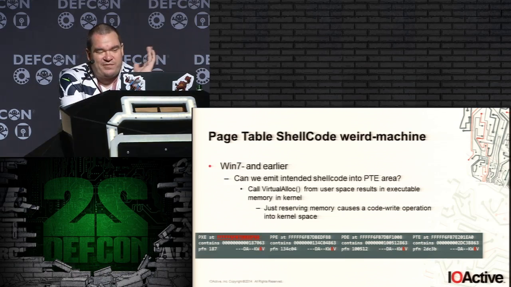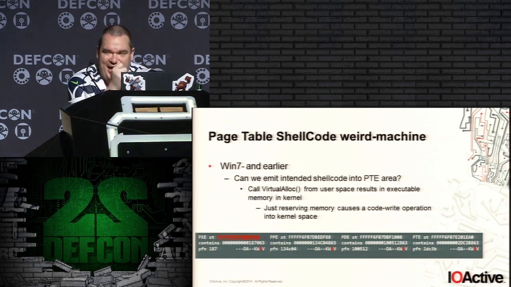By just doing a virtual alloc in user space, so not as an administrator, as an unprivileged user, even a remote user, if I'm interacting with a service on a web server, when I send a request to that server and it allocates memory to receive that, the allocation emits executable information into the kernel space.